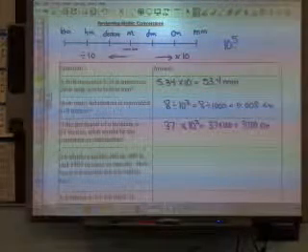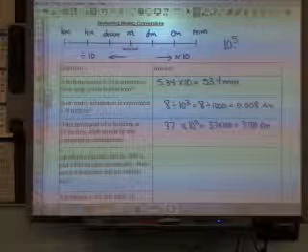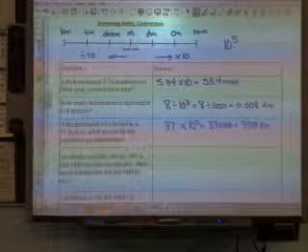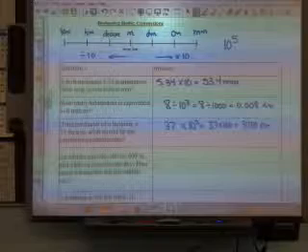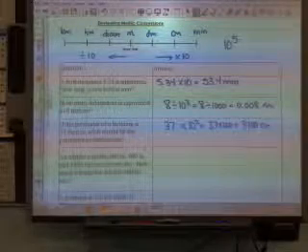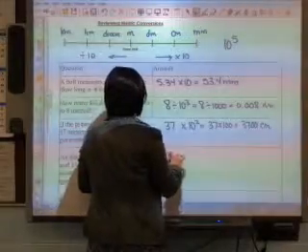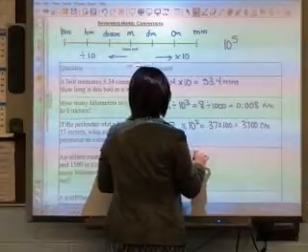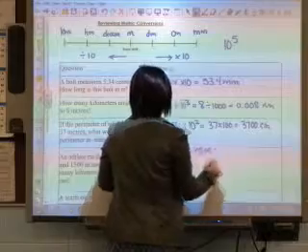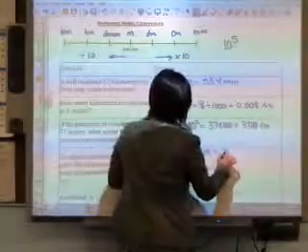The next question, an athlete runs 200 meters, 400 meters, and 1,500 meters in one day. How many kilometers did this athlete run? So in total, 200 plus 400 plus 1,500 is 2,100 meters.